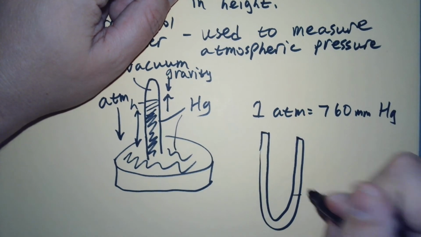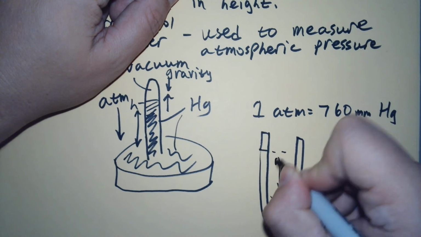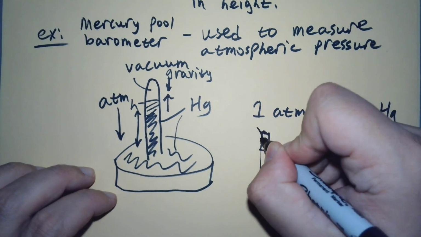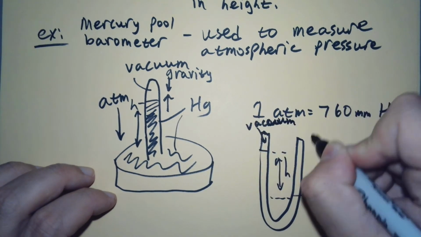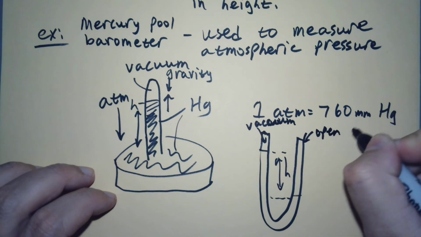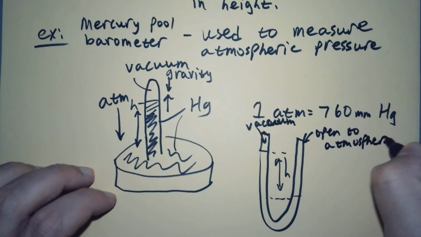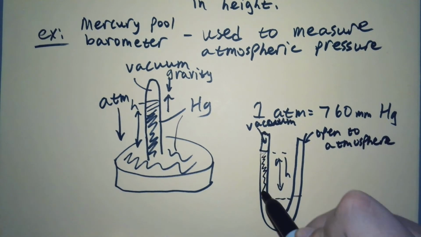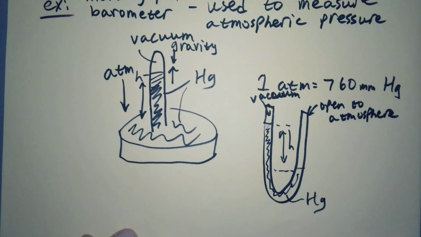And then you just look at the difference in height. And that gives you the pressure of mercury, because this side here would be a vacuum, and this side is open to the atmosphere. But again, you can pull some tricks so you don't have mercury evaporating everywhere. And then in here, we've got our liquid mercury.